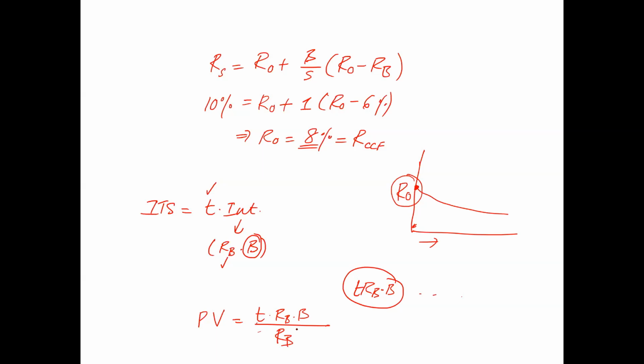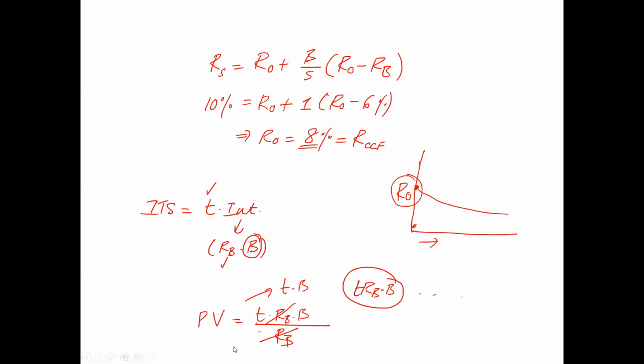It is there that these two canceled out, and we said, oh, the present value is T times B. Right? So when we were doing the Modigliani and Miller proposition, the discount rate we used to discount the interest tax shields was the cost of debt, which was RB. I'm not doing that here.